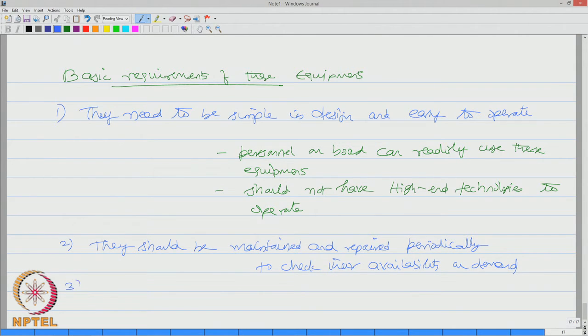Thirdly, fire drills should be conducted to train personnel on board to use these equipments.